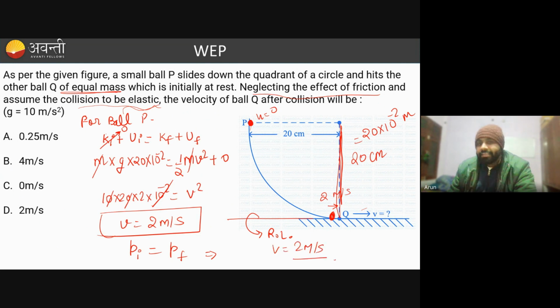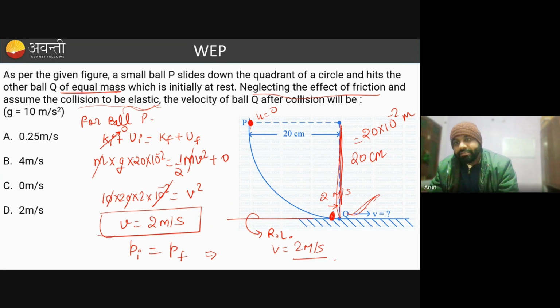And this collision is elastic. So same mass, same velocity will be imparted to this ball also. So here the velocity will become 2 meter per second for this ball because the collision is elastic.